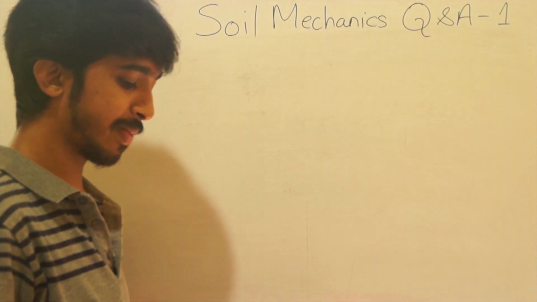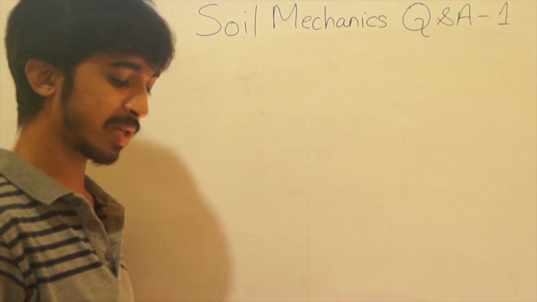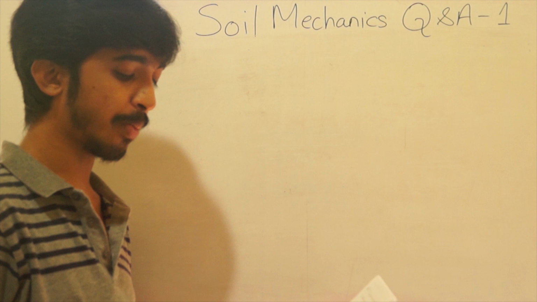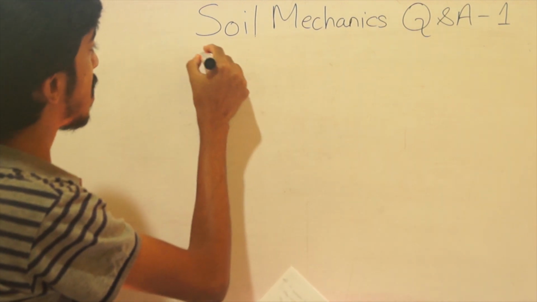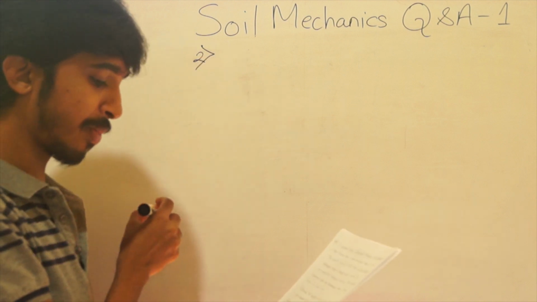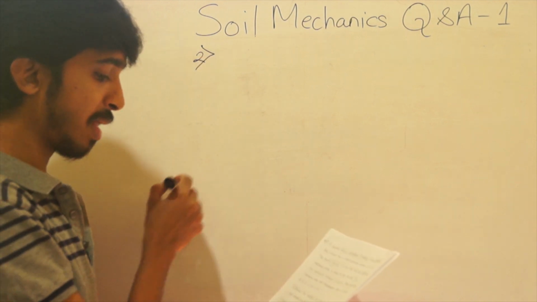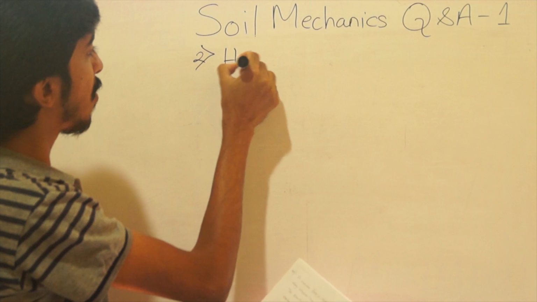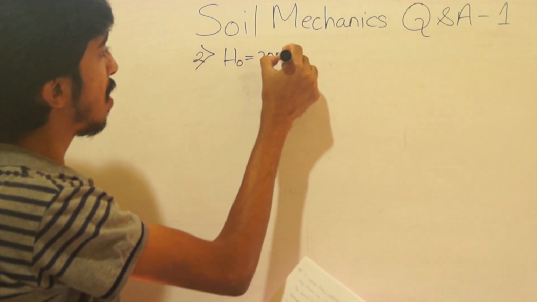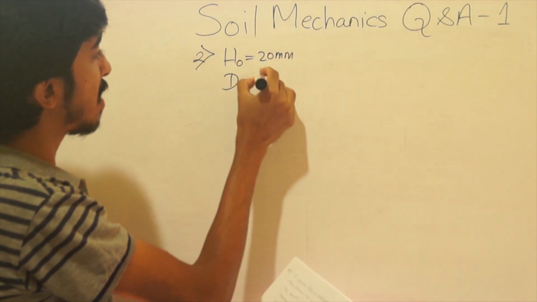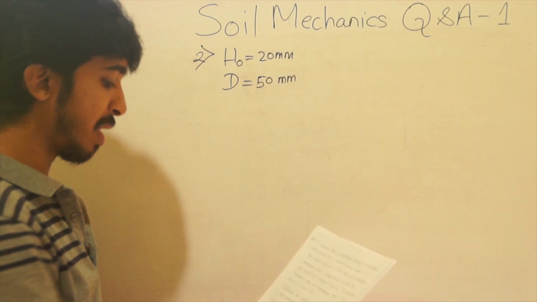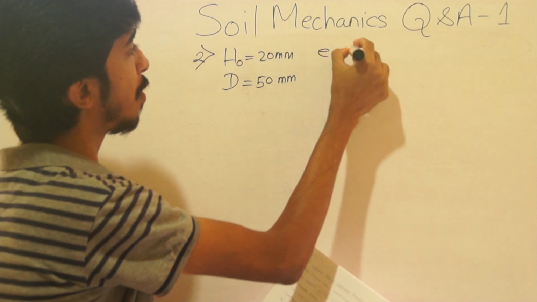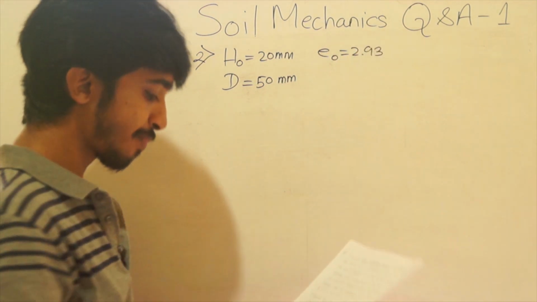Right, the second question. They have given us some data from an odometer test performed in a laboratory for a soil sample obtained from a certain location. The results from the odometer test are: the initial height of the sample is 20 mm, the diameter of the sample is 50 mm, the initial void ratio is 2.93.